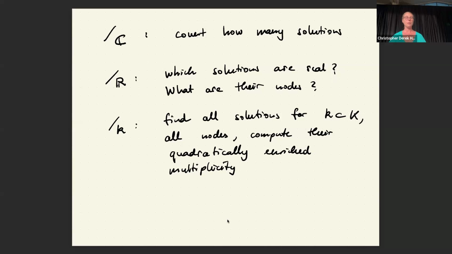If I prove the theorem over K, what Anders and Sabrina have done, then it's find all solutions over any extension of my field little k, all their nodes, and compute the arithmetic multiplicity of all the nodes. So I hope that you can see that there's quite a different challenge. Even though they're all versions of the correspondence theorem, they're quite different, and you have to solve different questions in each of the versions.